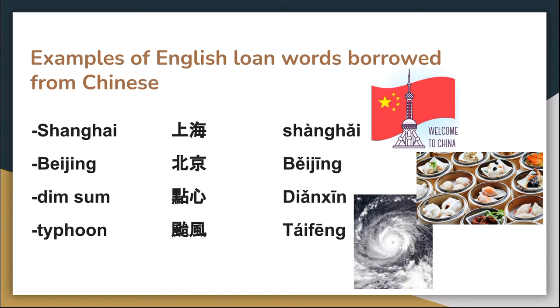So this one was very interesting when I figured out that it is a loanword from Chinese. Honestly, except for the names of Chinese foods and names of Chinese regions, it was hard to find daily English loanwords that were borrowed from Chinese.